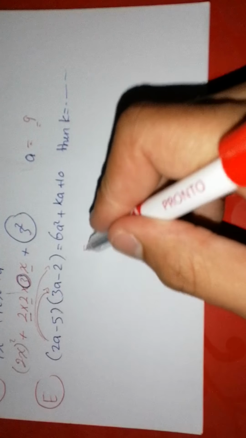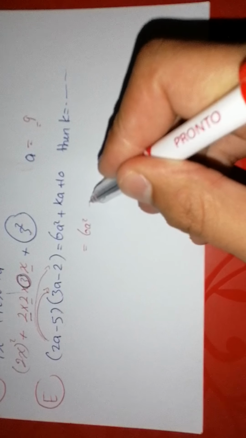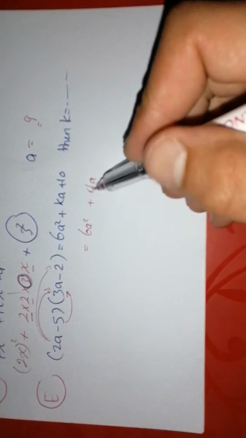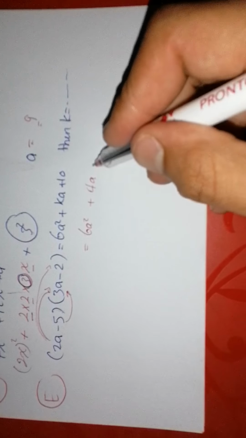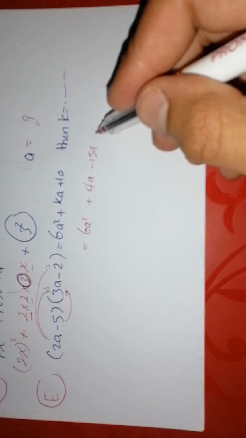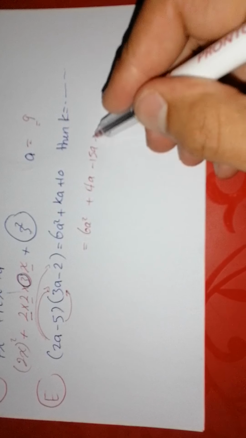So we have 6a squared, and then we have 2 by 2, which is equal to 4a, and then we have 5 by 3, which is equal to 15. So we have the negative sign, negative 15a. And then we have 5 by 2, which is 10. So by negative, which is equal to positive 10.